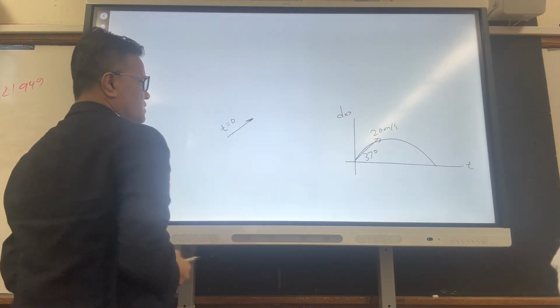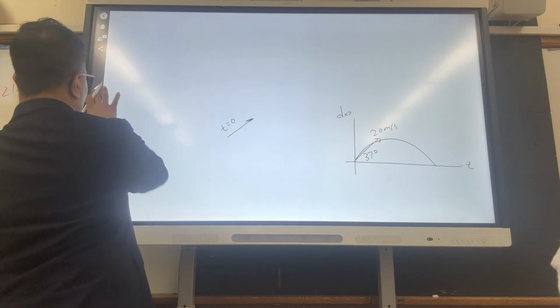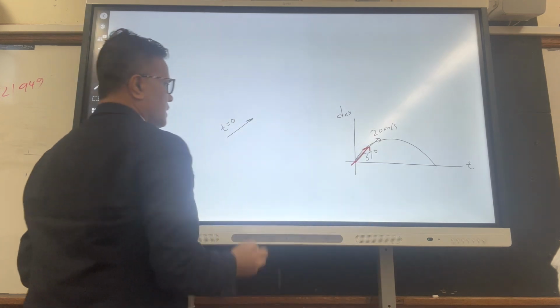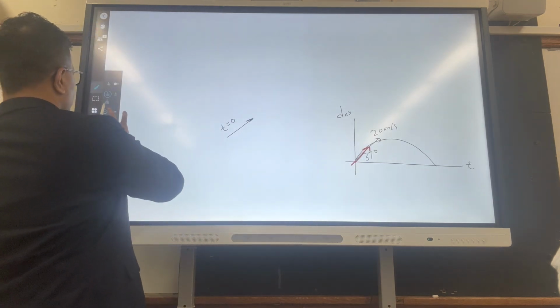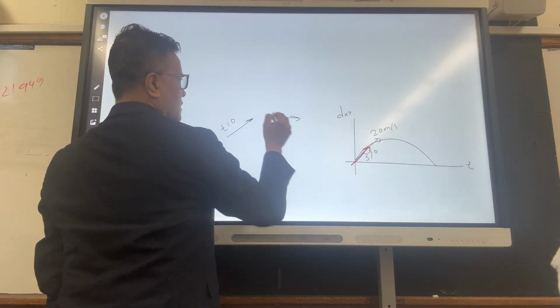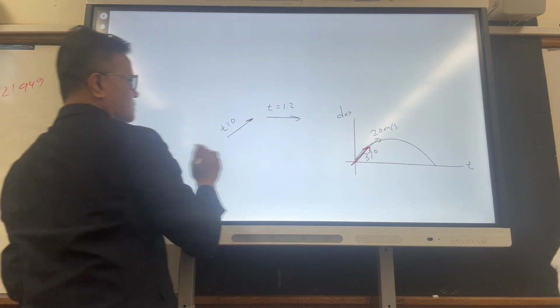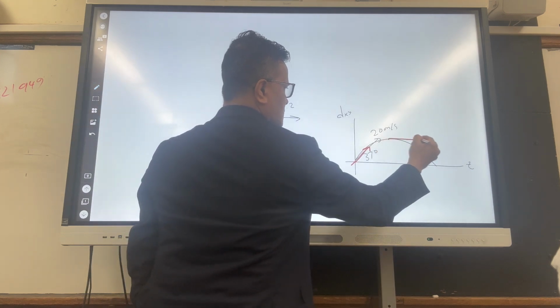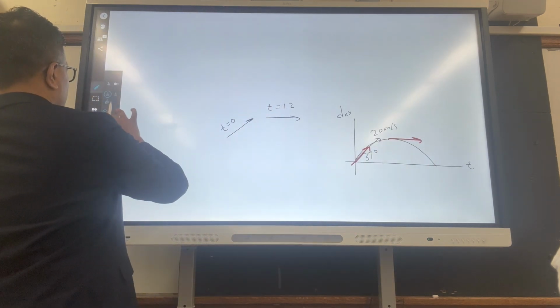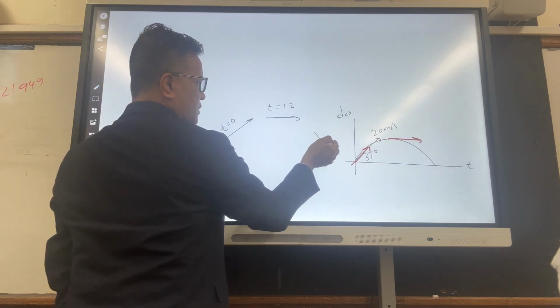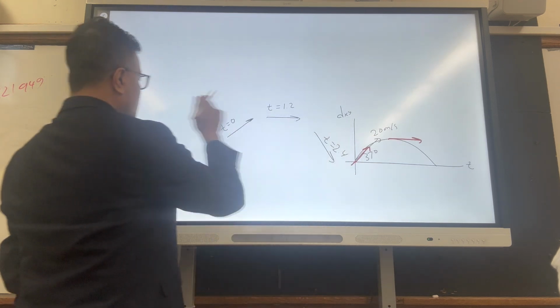Vector 1 is at t equal to 0, vector 2 is at t equal to 1.2, and vector 3 is at t equal to 2.4.